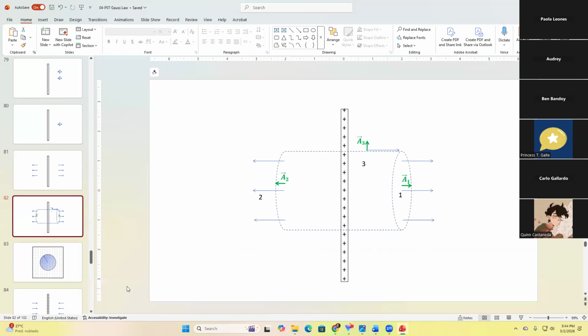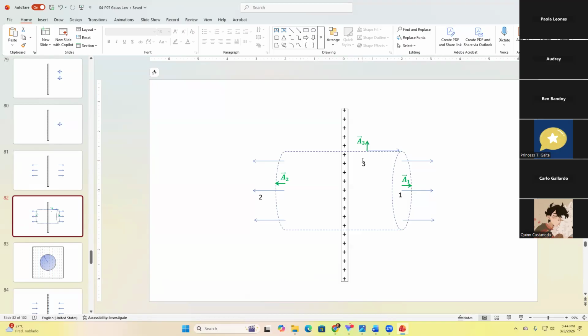Okay, and it has 3 different surfaces, right? You have the cylindrical surface per se, in which the area vector points not in the vertical direction, but in the radial direction.